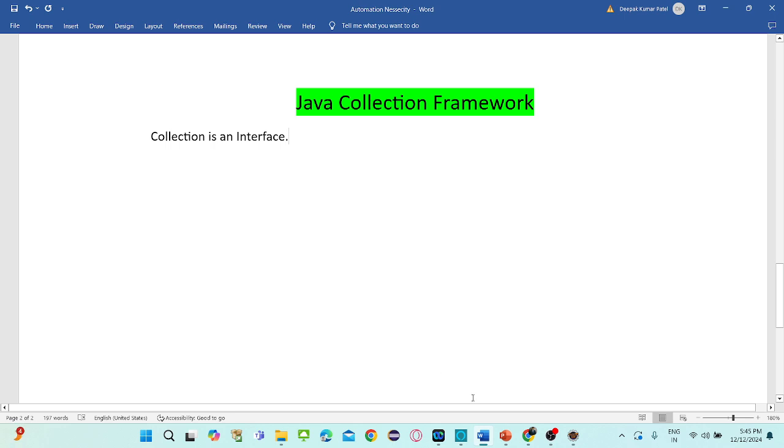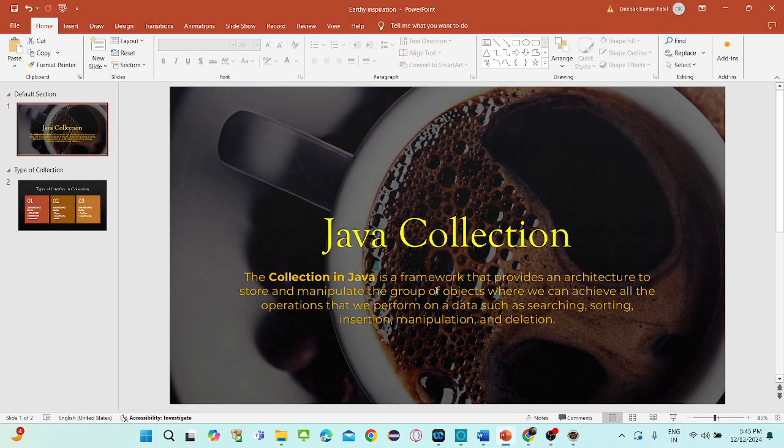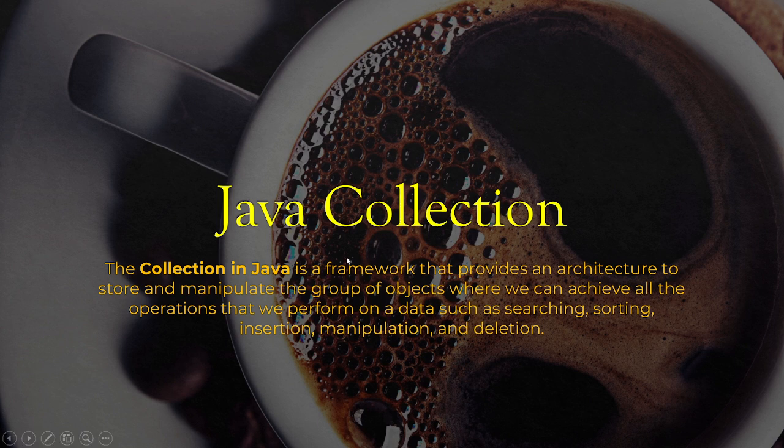Now, what are the types of collection? Java collection is a framework that provides an architecture to store and manipulate a group of objects, where we can achieve all the operations we perform on data, such as searching, storing, inserting, manipulation and deletion.